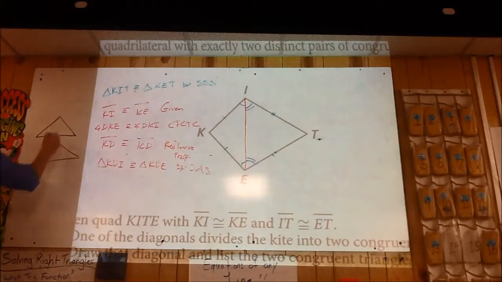If I were to draw in one of these triangles' altitudes, and then I drew in the corresponding altitude in the other triangle that is congruent, wouldn't it make sense that this corresponding altitude is going to be congruent to this corresponding altitude, since these triangles are the same exact size, same exact shape?